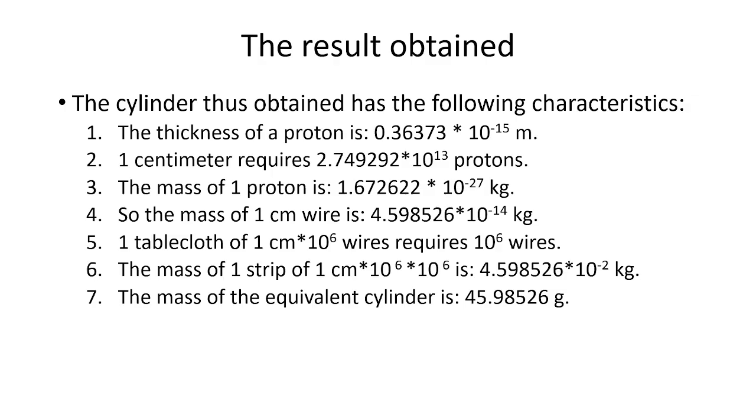The mass of one proton is 1.6 10 power minus 27 kilo. 4. So the mass of a 1 centimeter wire is 4 10 power minus 14 kilo.